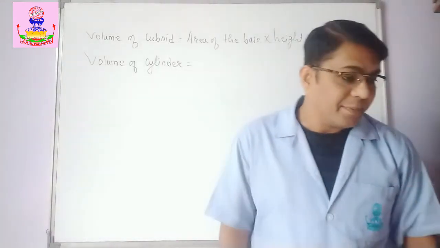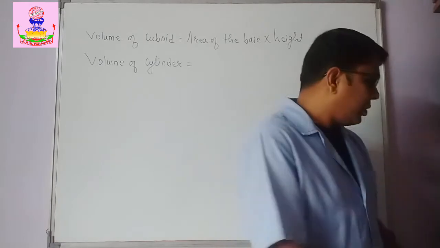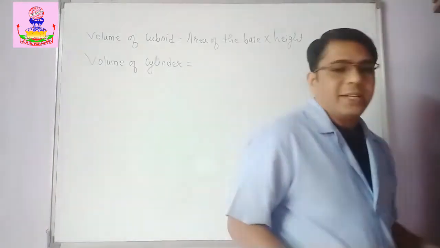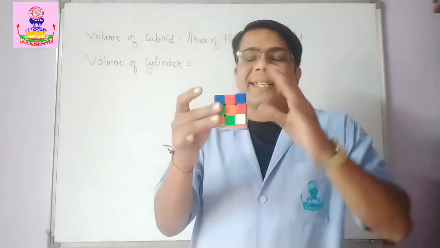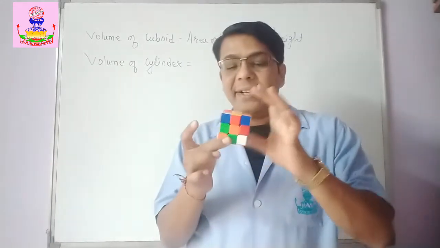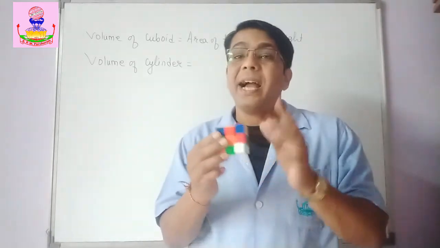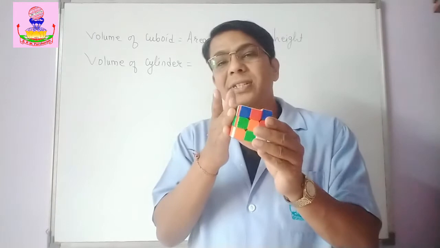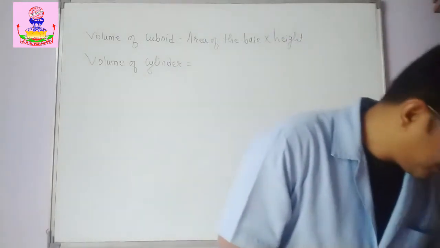How can I say that? See, in case of cuboid, or cube, which is a special case of cuboid, the base and top are parallel to each other. Yes, exactly. Secondly, the base and the top are congruent. Definitely. And the lateral surface area is perpendicular to the base and the top in case of cuboid. Let us see for cylinder.